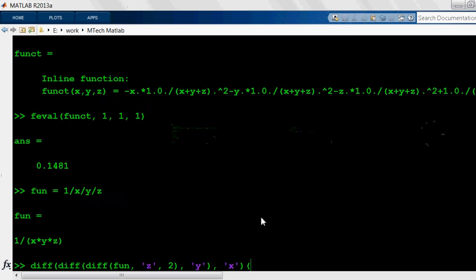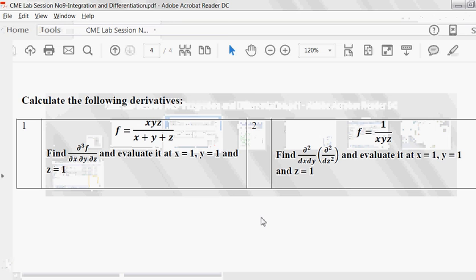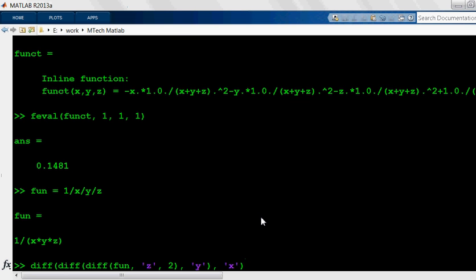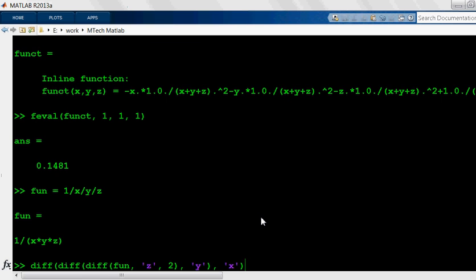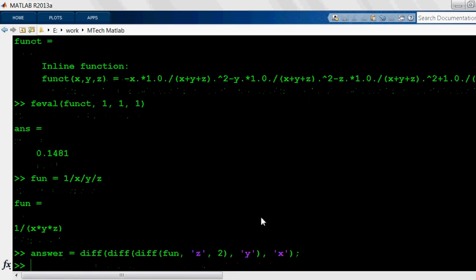Okay, and we also have to evaluate the answer. Evaluate this at x equals 1, y equals 1 and z equals 1. I'm going to write that answer is equal to this, the function. Or I'm going to come up with a better name for this so that you can remember.